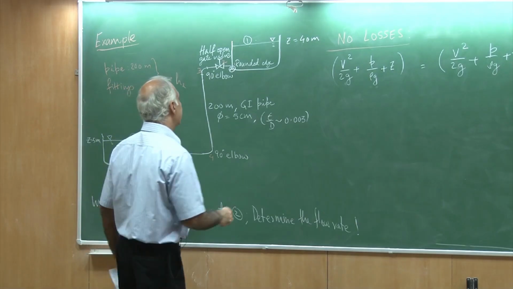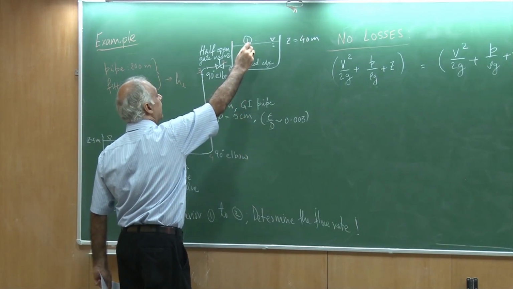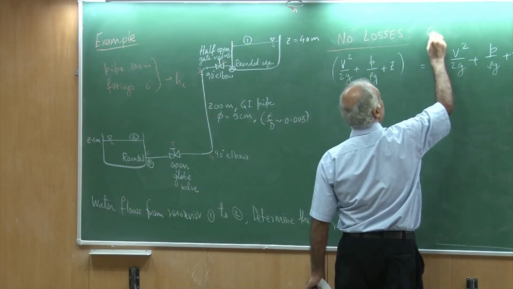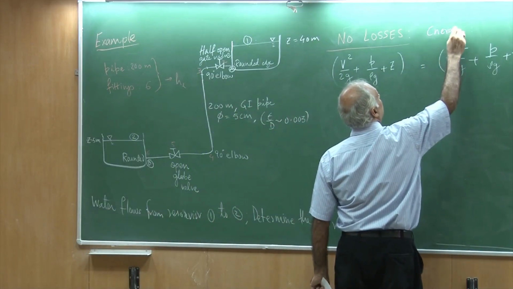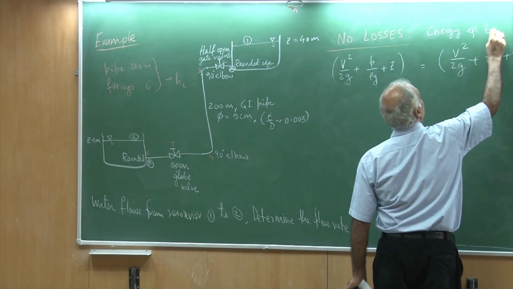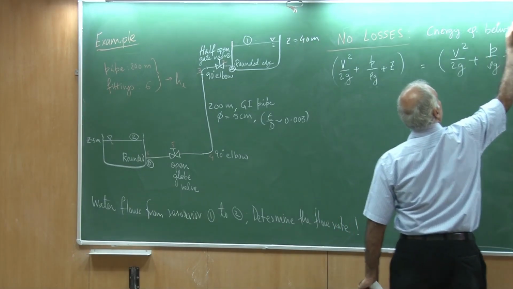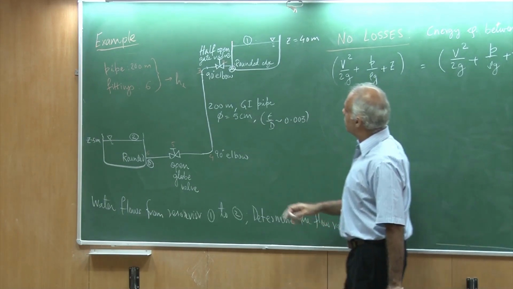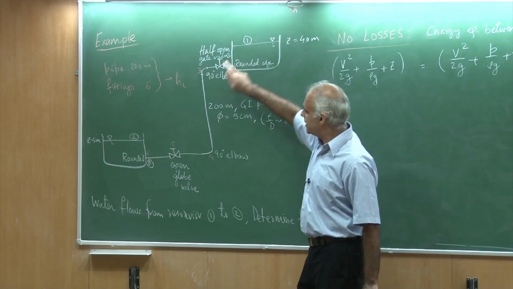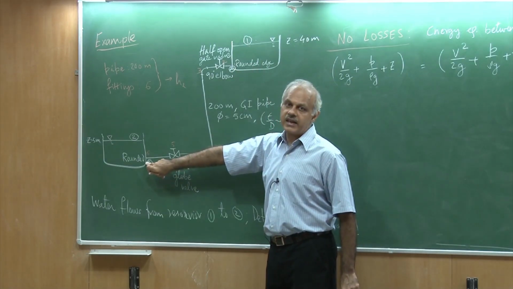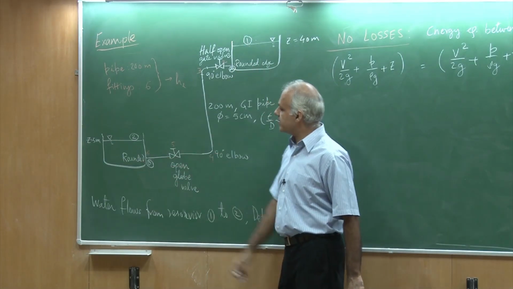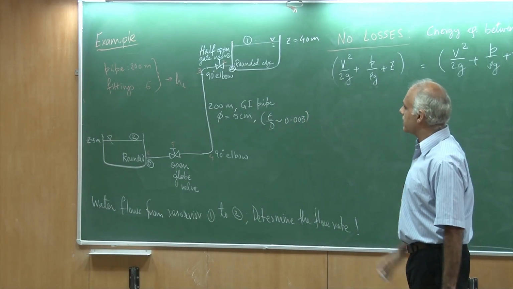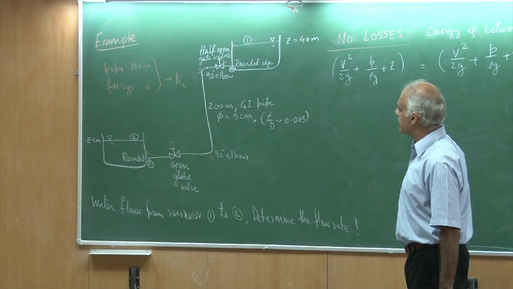Let me now apply the energy equation between 1 and B. So, this point, the free surface, and B is the entry to the reservoir. I could use some other points as well, but let me just try this out.